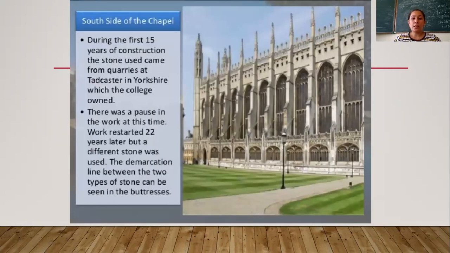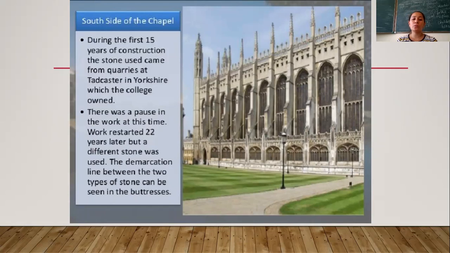This is the south side, the south part of the chapel. During the first 15 years of construction, the stone used came from quarries at Tadcaster in Yorkshire, which the college owned itself.